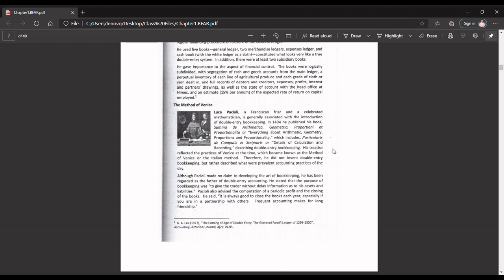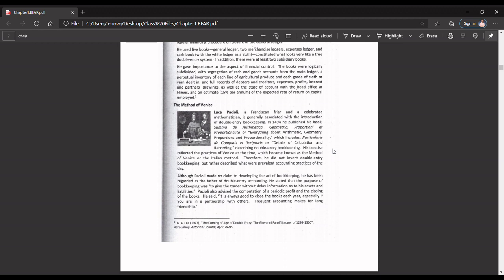In 1494, he published his book Summa de Arithmetica, Geometria, Proportioni, and Proportionalita. Don't quote me on that. Or everything about arithmetic, geometry, proportions, and proportionality, which includes particularities de computis et scripturis.